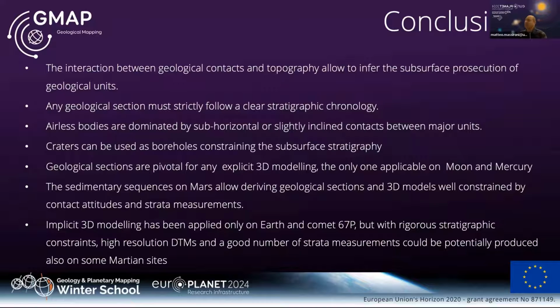However, up to date, the implicit 3D model has been applied only on Earth, by mining companies or oil companies, for example, with geophysical data, and only on Comet 67P among the other solar system bodies. As I said, it is probably possible to apply it even for Mars.